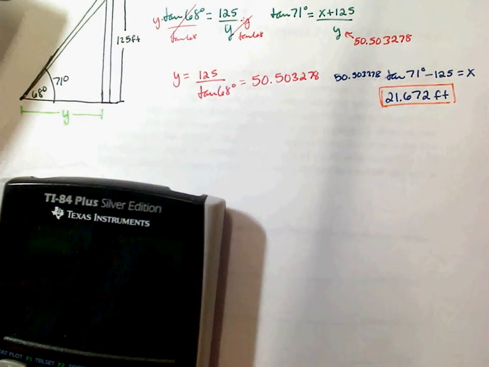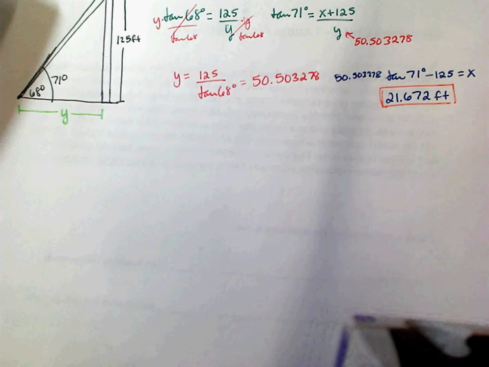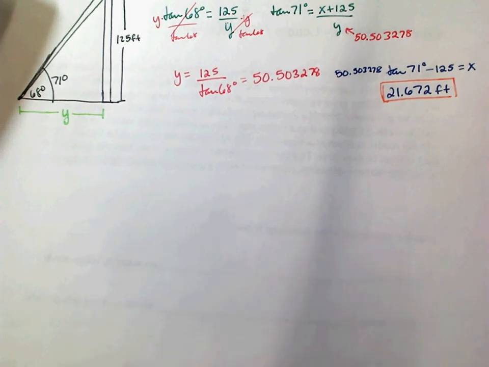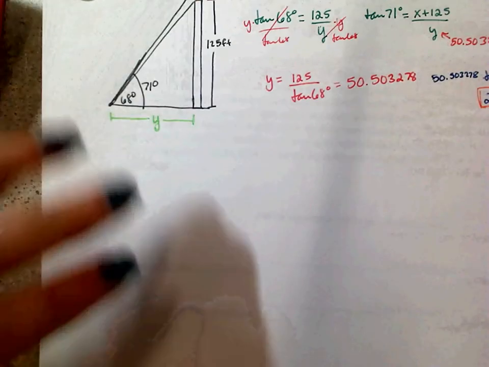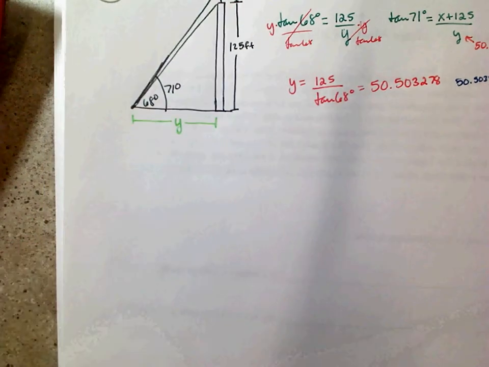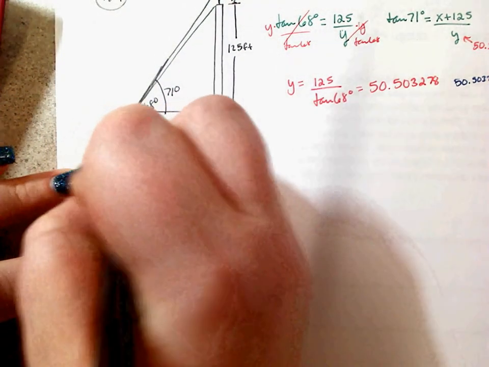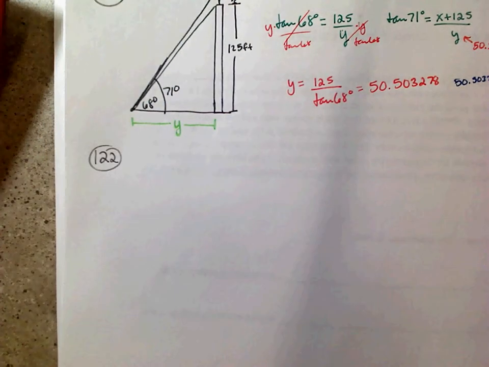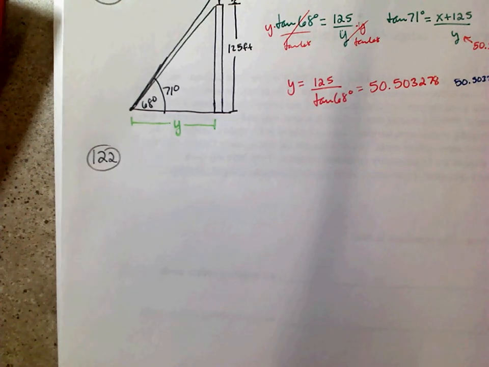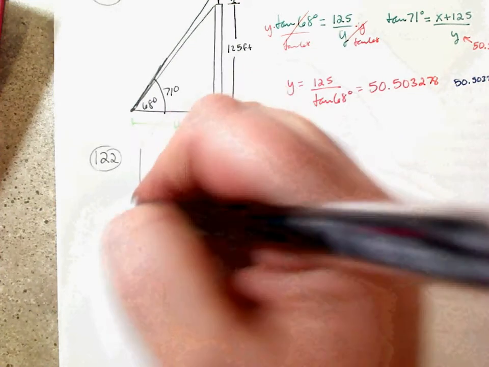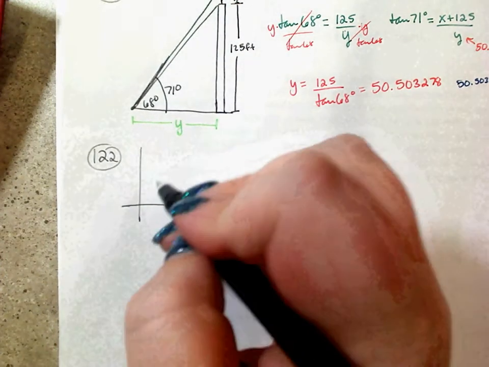122 is use the figure shown to find the bearing. Okay, so it gives you that this right here is 55 degrees.